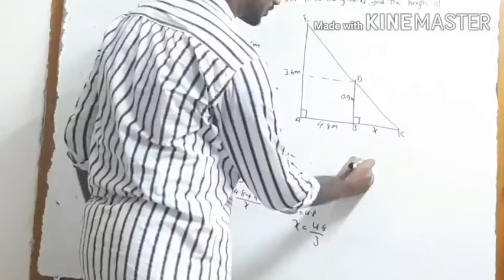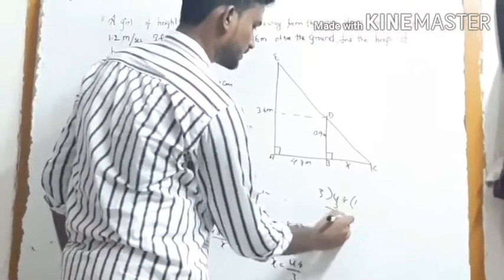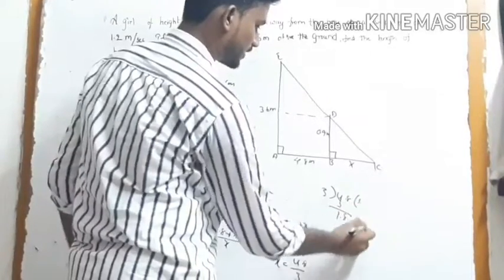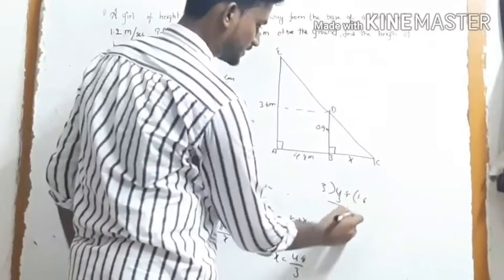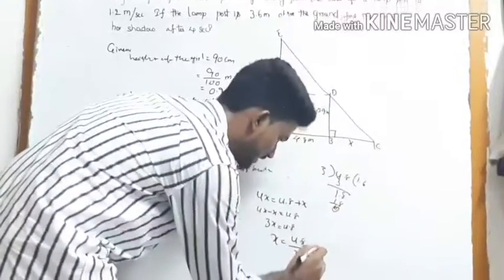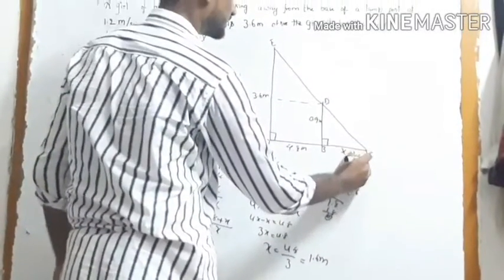Dividing 4.8 by 3, we get 1.6 m. x is 1.6 m.